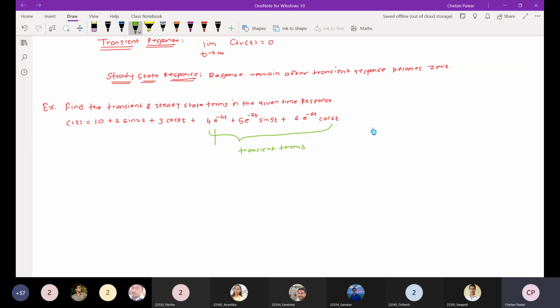Okay, so if you could draw this particular signal, as t tends to infinity, this response will die out to 0, right? Similarly, if you draw this particular signal, that will be a complex exponential.